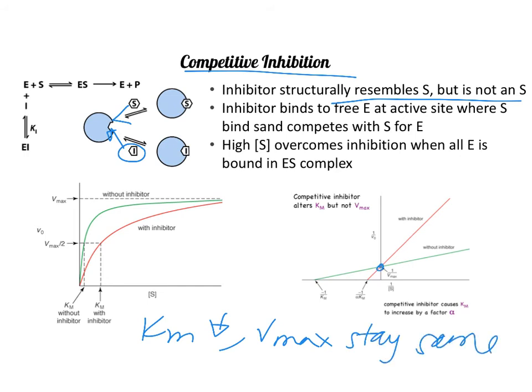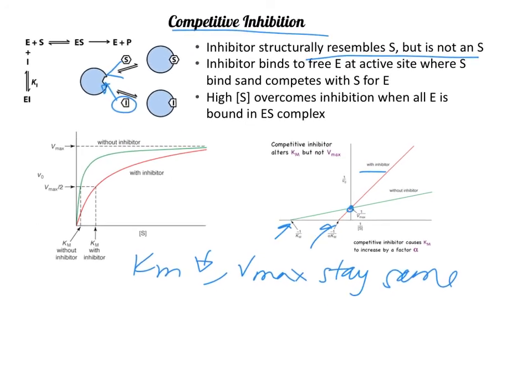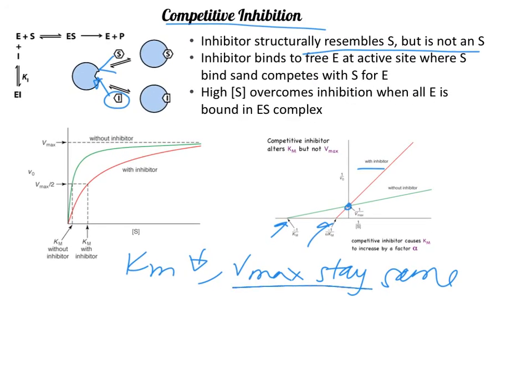When you look at a Lineweaver-Burk plot, Vmax is staying the same and Km is altered in the presence of the inhibitor. The reason that the Vmax stays the same is because at high concentrations of S, you're able to overcome the inhibition when all of E is bound to ES.